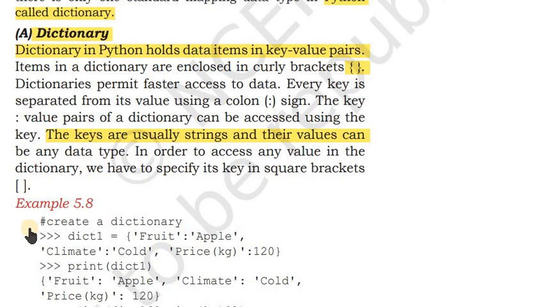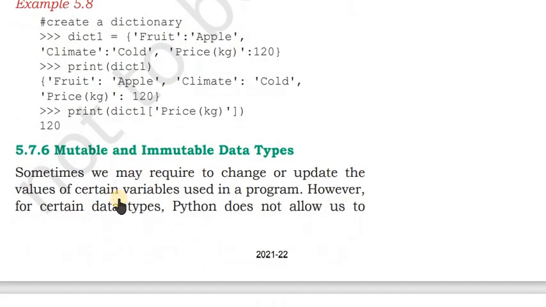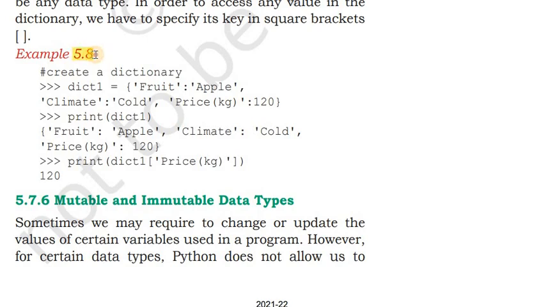So students, let's take an example and try to understand how a dictionary is used in coding. Example 5.8. Create a dictionary. This is our comment. dic1 is a variable and we are assigning some words in our dictionary.